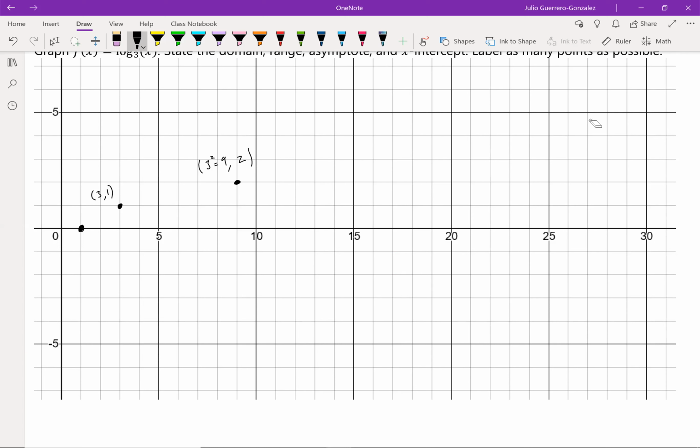Went too far. Oh, that's 27. My bad. I was doing 9 times 9. And then what's the y value for it? You had to do 3 cubed, right? So the y would be that one right there. So this would be 3 cubed, 27, comma 3.